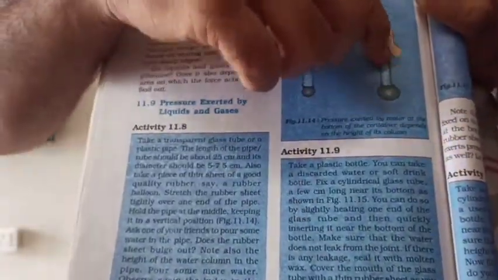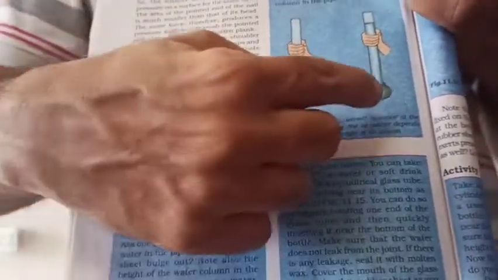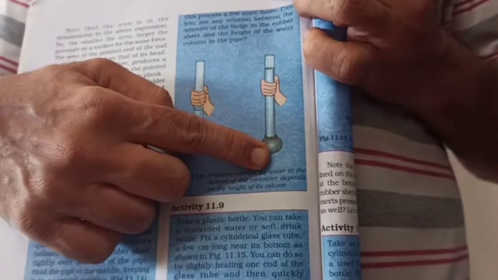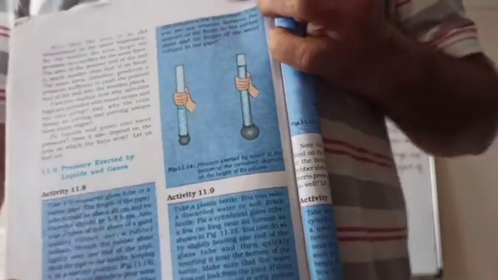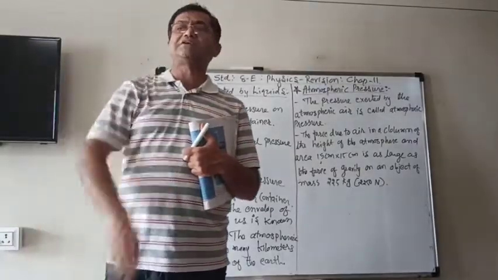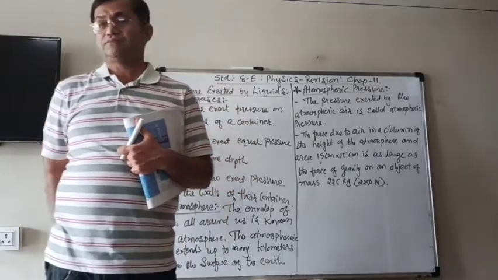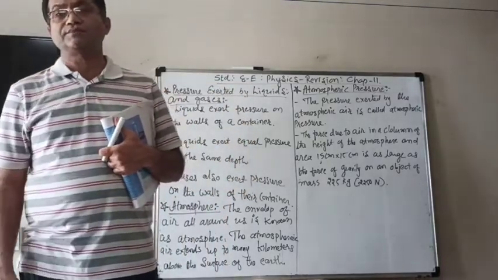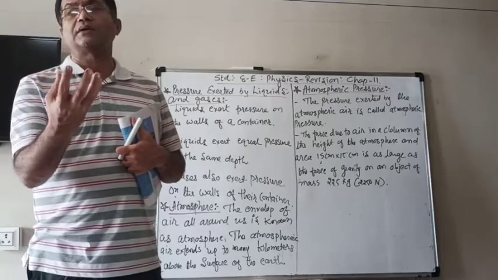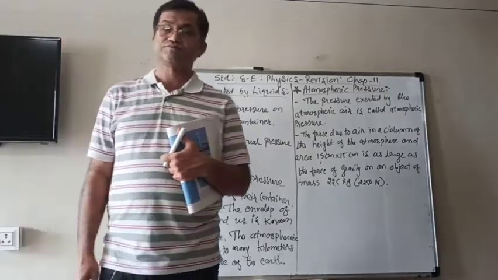Then if you put more water, then you can see that the bulging is getting bigger and bigger. How does it happen? It happens because when we put the water, then water exerts pressure on the container, and as the rubber is flexible, we see the bulging.